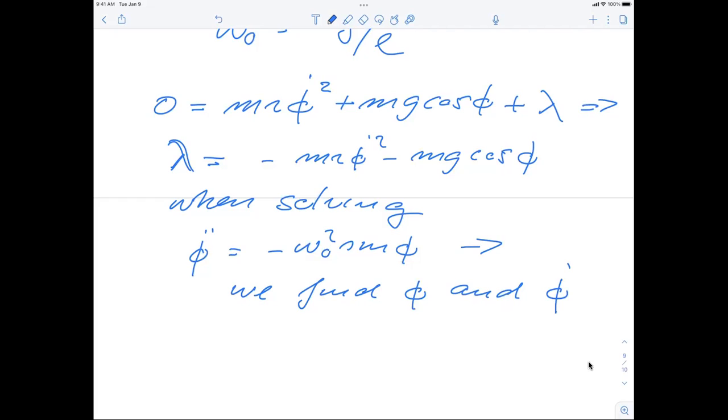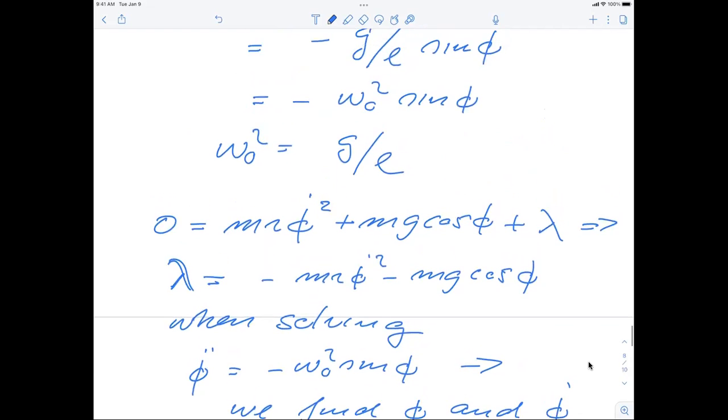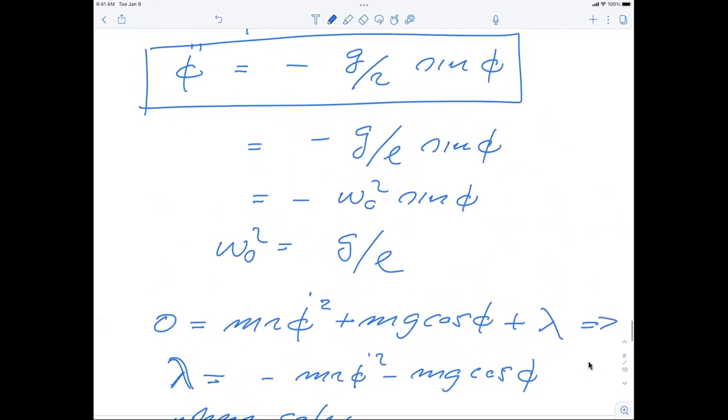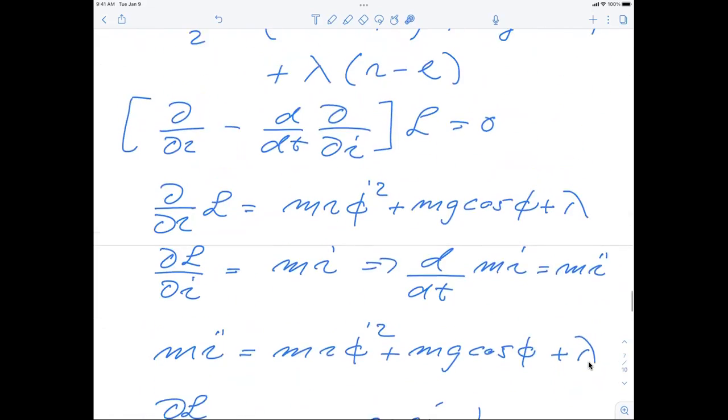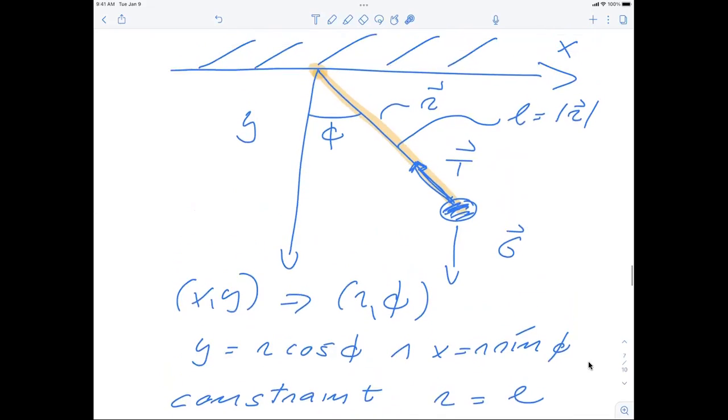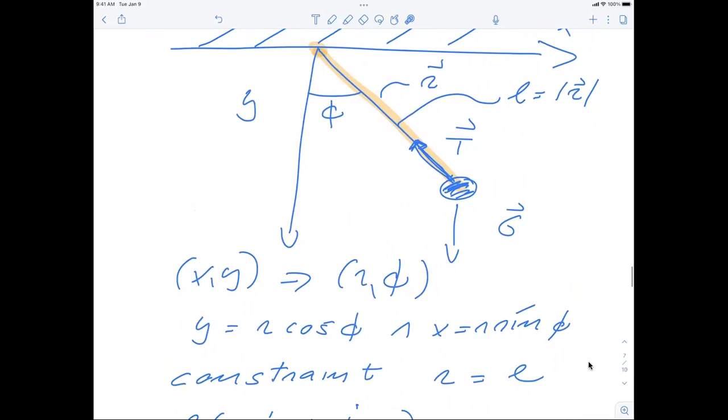So that actually represents the force. And in our case, the only thing we need to solve when we solve differential equations is this equation which you see here. However, that gives us the parameter lambda, which is going to be interpreted as this force which is acting on the pendulum.